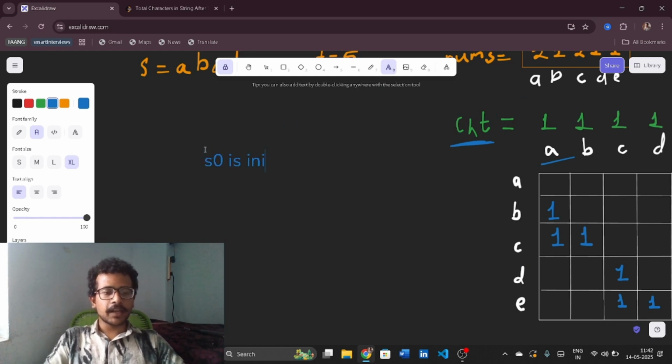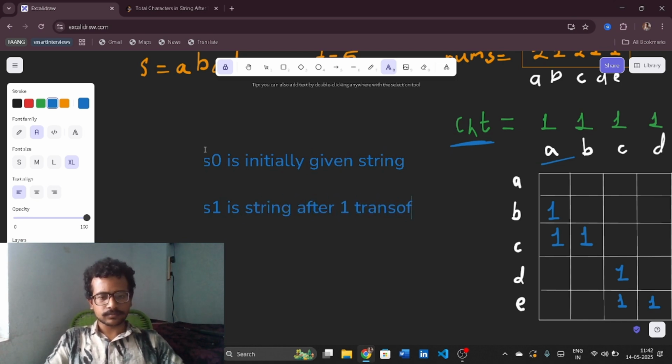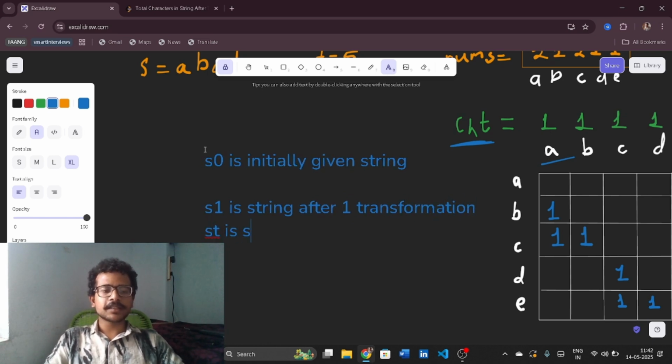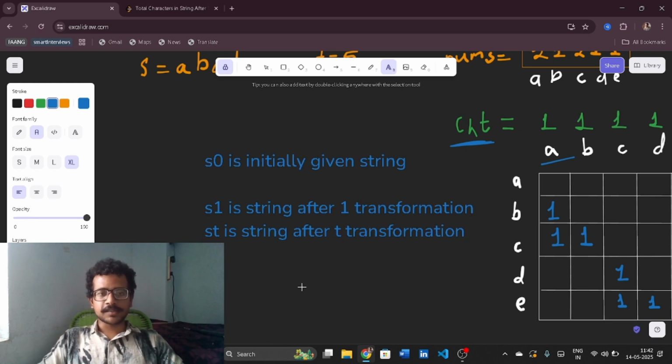S0 is the initially given string. S1 is the string after one transformation. St is the string after t transformations, right?